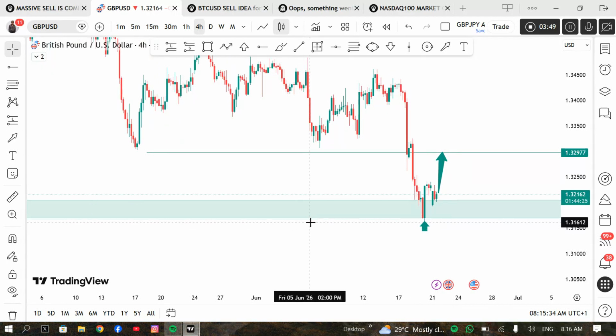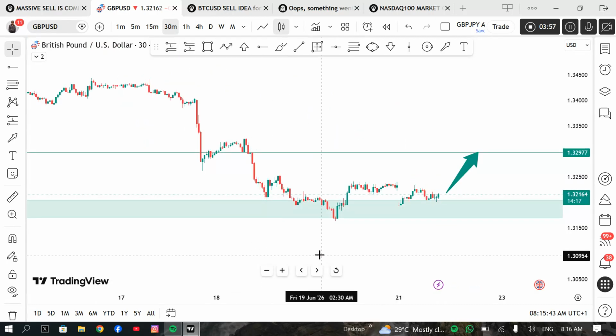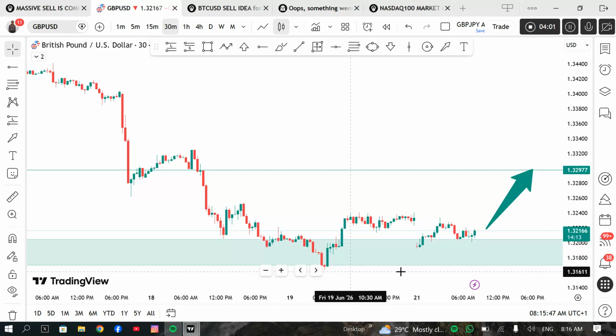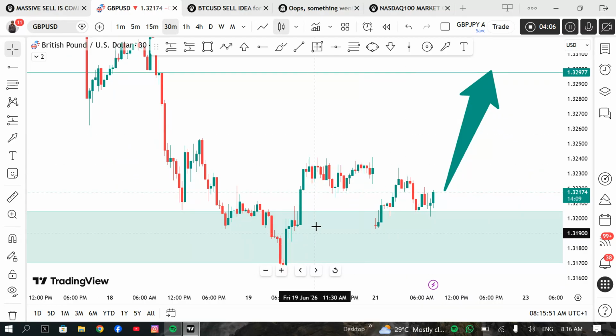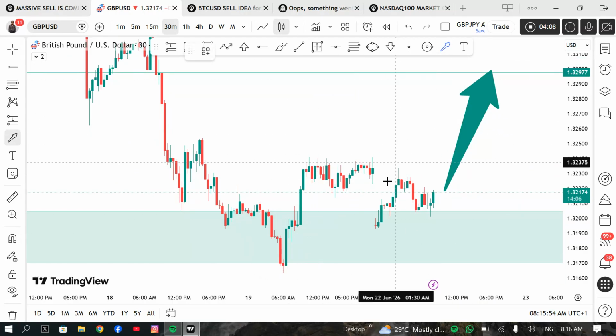So just to finalize our analysis and take our entry from the current market price, we just have to look at lower time frame, sorry, which is 30 minutes time frame. Here from the 30 minutes time frame, we see that it is just making enough sense for us to buy from the current market price. Why? We can see that when market opened, there was a gap.